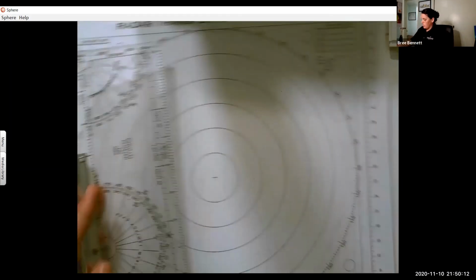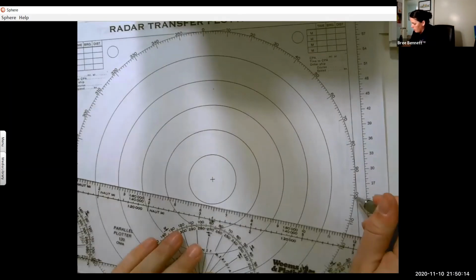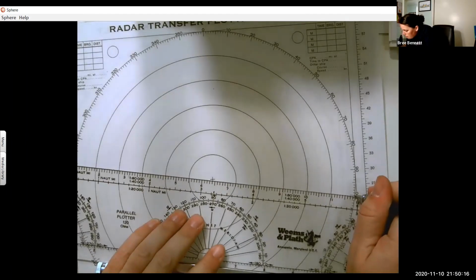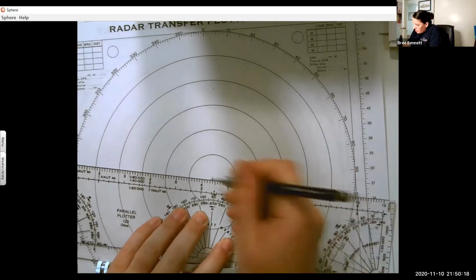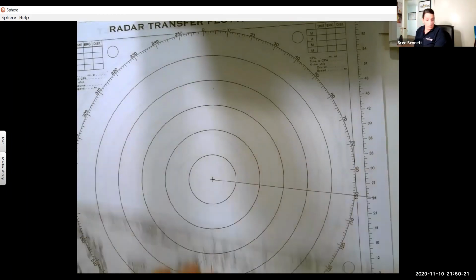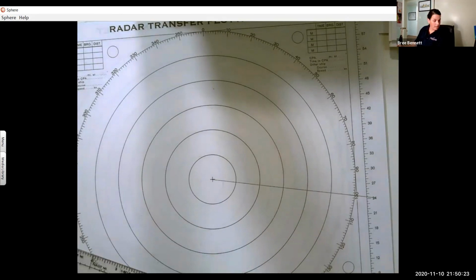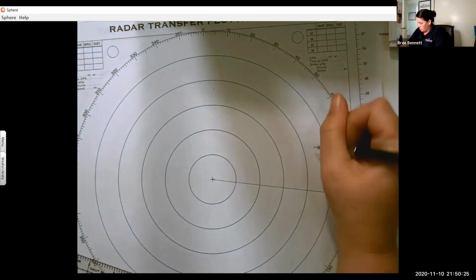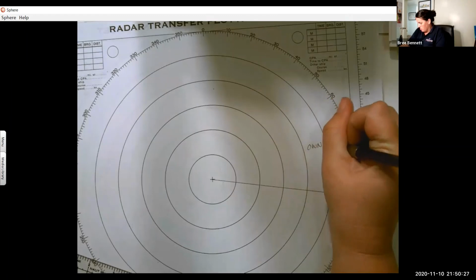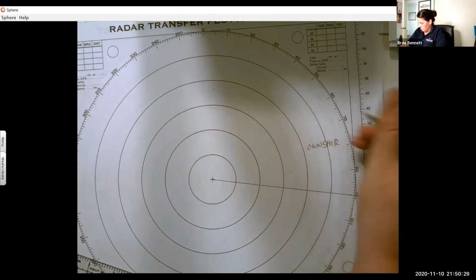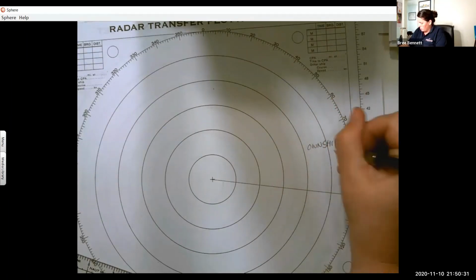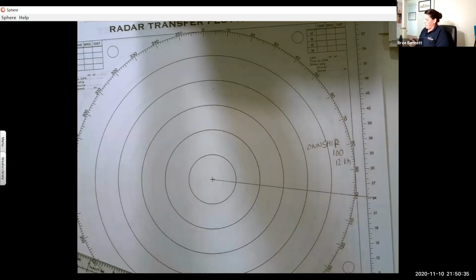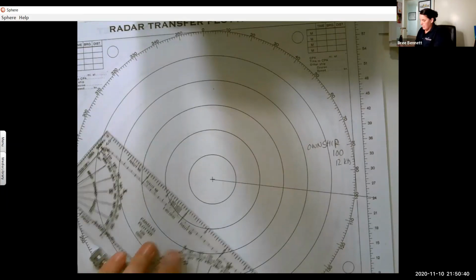Okay. So we have our own ship at 100, at 12 knots. I'll just write that. Own ship, 100, 12 knots. Okay, and then we have a bearing of 116 at 10.